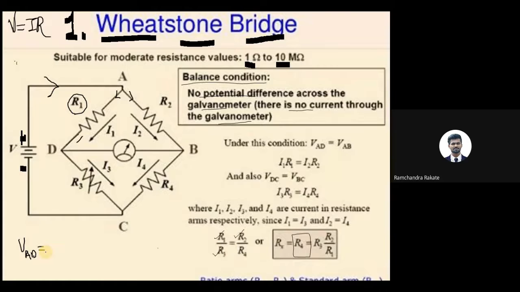Can anyone please help me find the voltage drop across the ED branch? You know the basic formula, V is equal to IR. Now just think about it and let me know what is the voltage drop across branch ED.